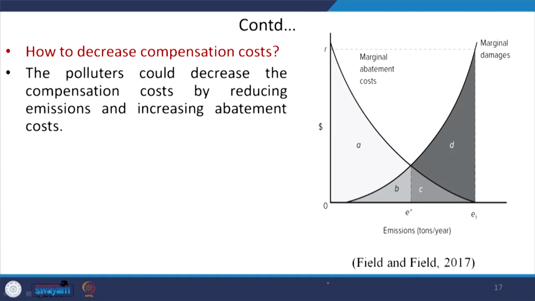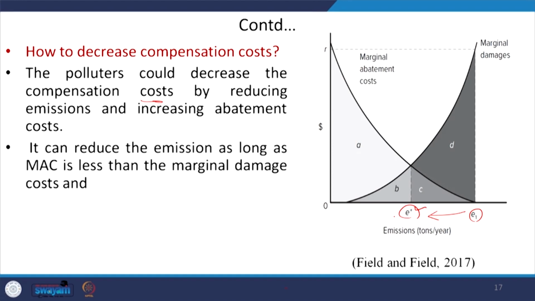The polluter can decrease the compensation cost by decreasing the level of pollution from E1 to less than E1, and it can continue till E star is achieved. Thereby, the polluter would need to invest in abatement cost.